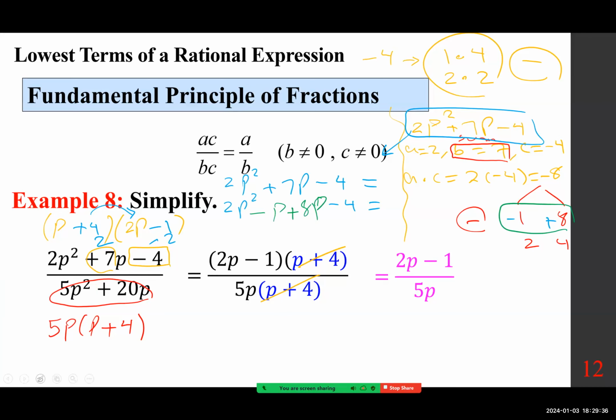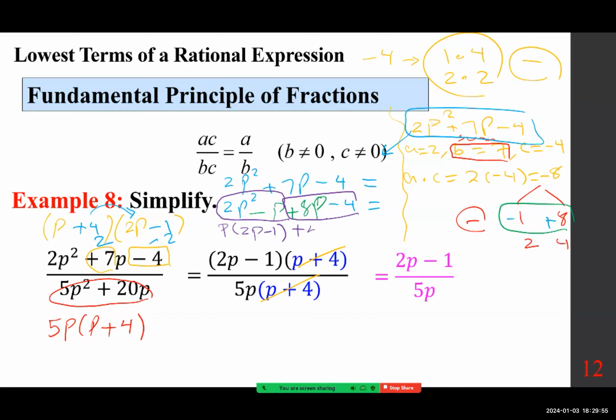So if I put these two together, I can take the p out and I get 2p minus 1. And if I put these two together, I can take the 4 out, and again 2p minus 1.